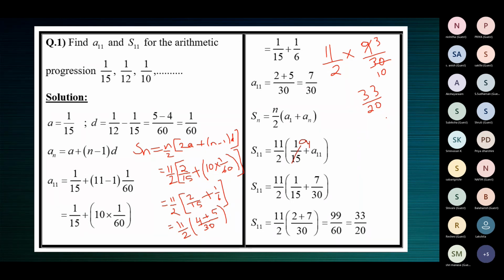The values are very simple, children. First term, common difference, and n is 11. Here I am not making a mistake; I said you can substitute once and for all, A1 plus An, A1 plus A11. The nth term is the 11th term because you are finding S11.